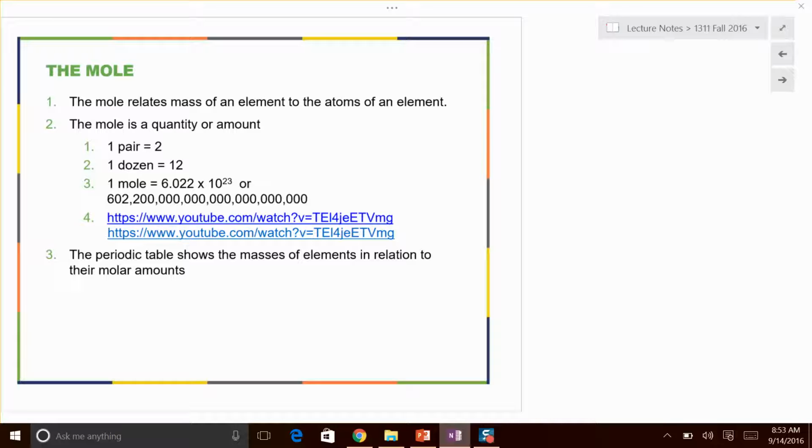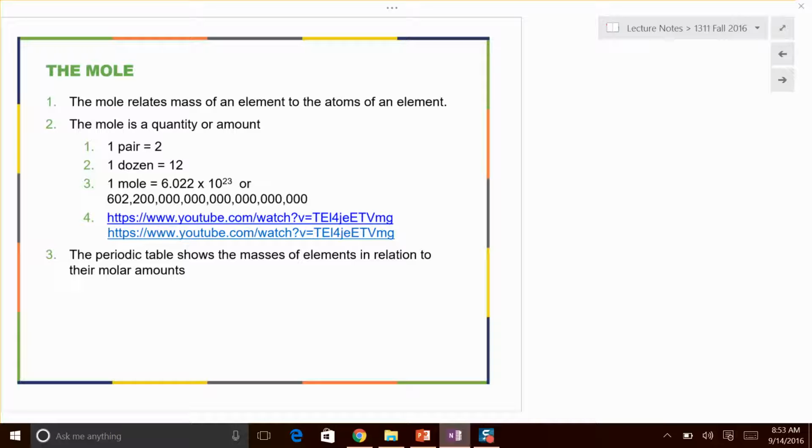It's a very large number. We need a very large number like that because atoms are very, very tiny. We don't see them because they're so small. This room is filled with oxygen, nitrogen, and carbon dioxide, but we don't see those molecules because they're so tiny.